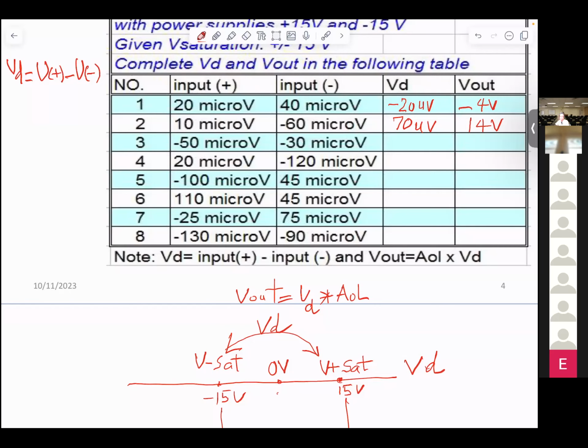Okay. Now, try number 3. What did we do for number 3?